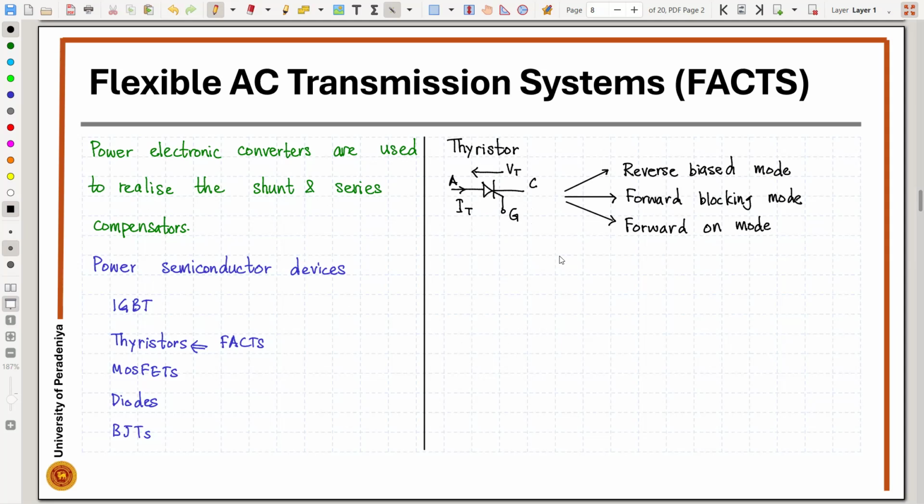So if we consider the equivalent characteristic curve of a thyristor, you have Vt and It.